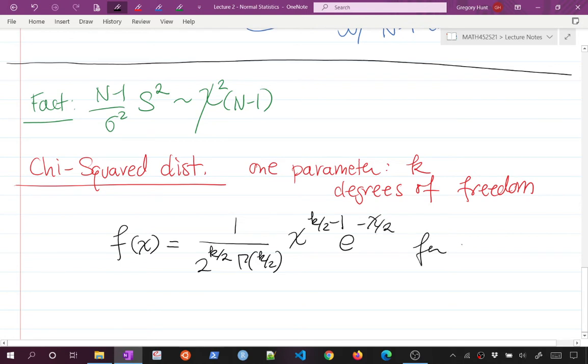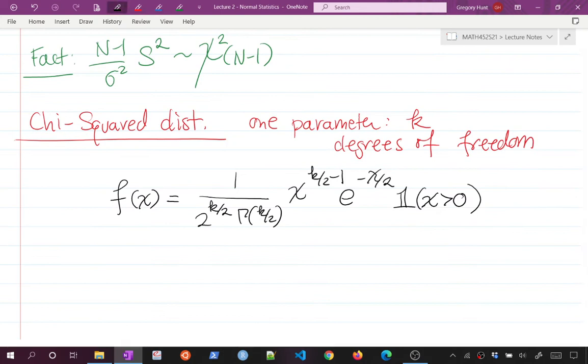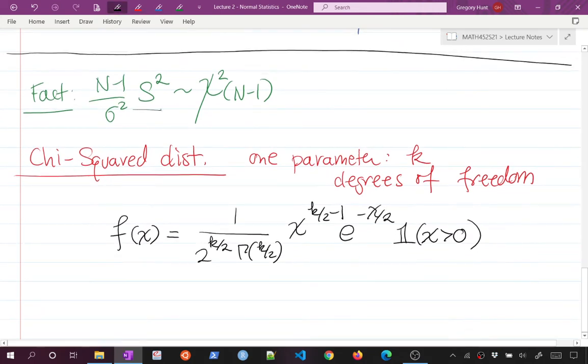And this is true for positive values of x. Or maybe I should follow my own advice and write this with an indicator function: indicator x is bigger than 0. So it's a positive random variable, which makes sense. S squared is squared, so it should be positive.